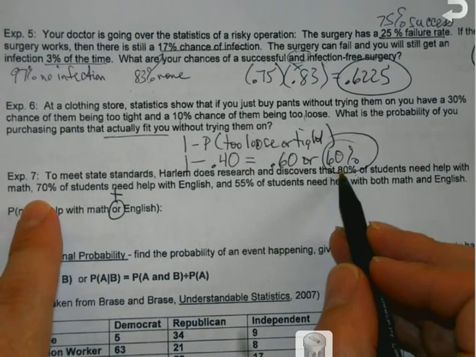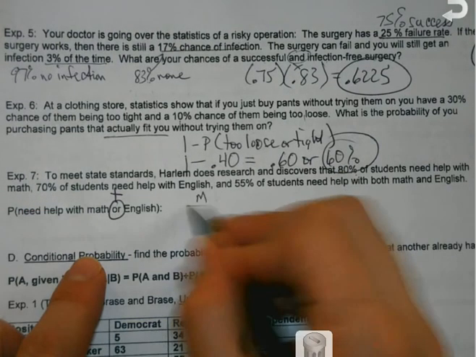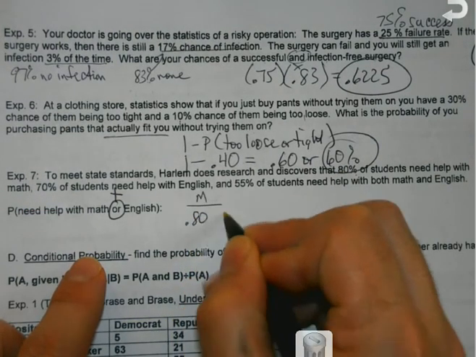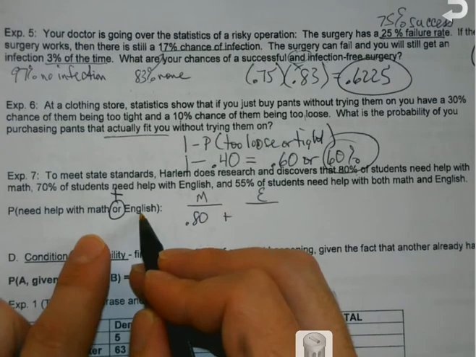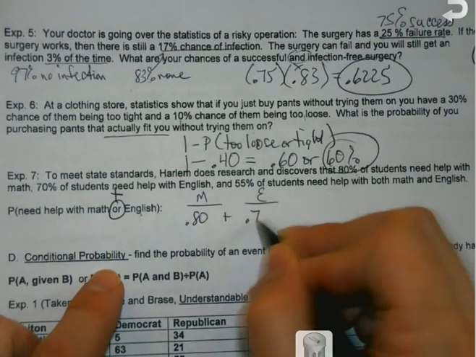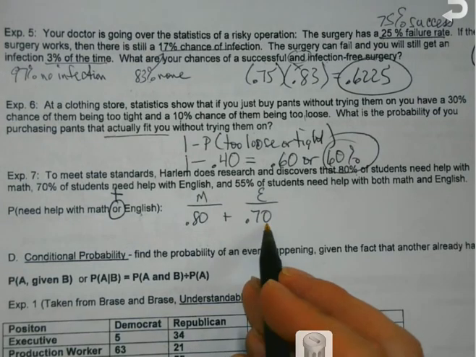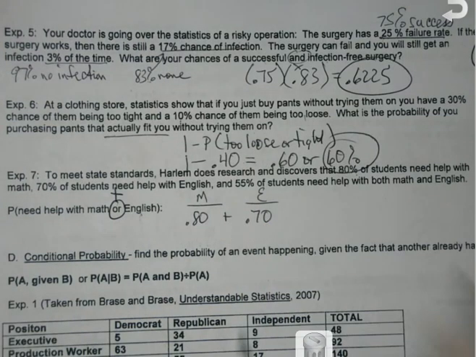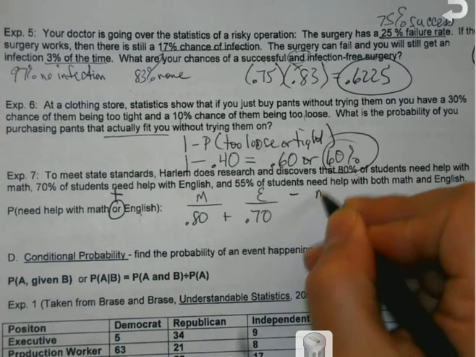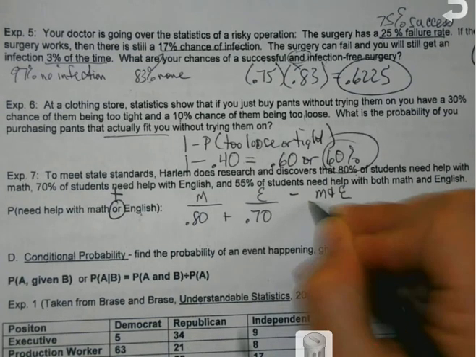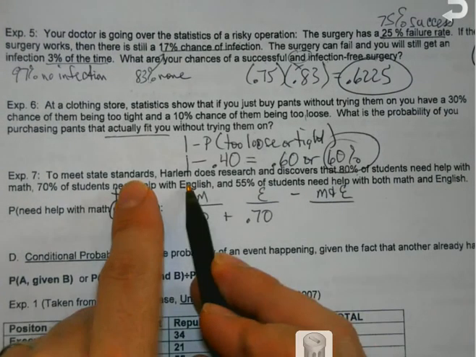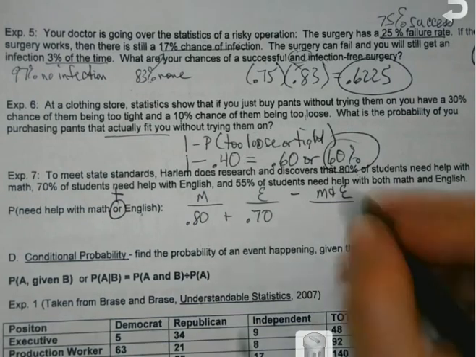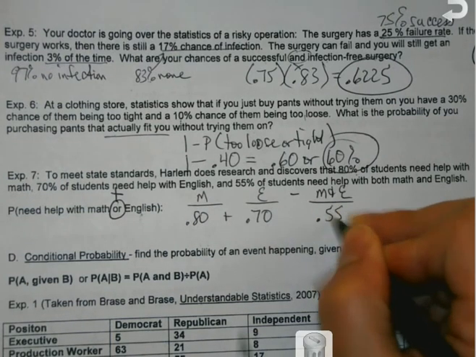Math, 80%, plus English, there's my or, 70%. But again, that would put me over 1. That doesn't make any sense. Oh yeah, minus the people that need math and English because they're already being included in the English and the math groups. So I have to take that part back away.